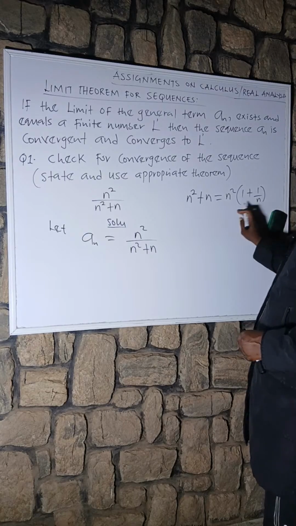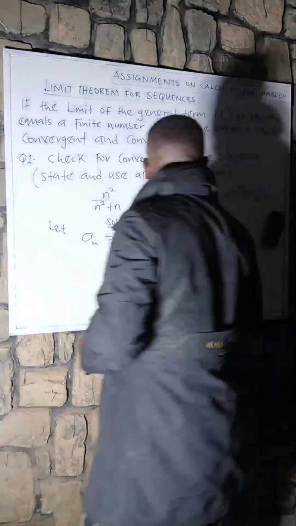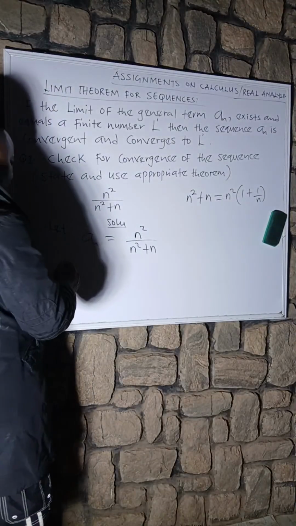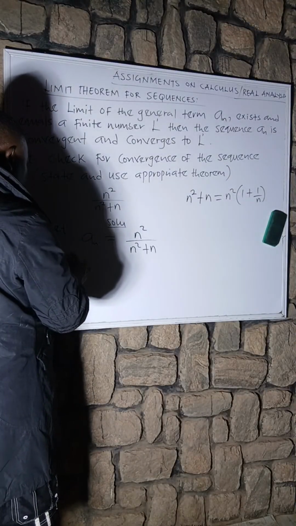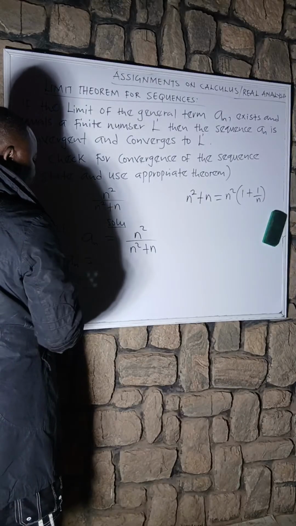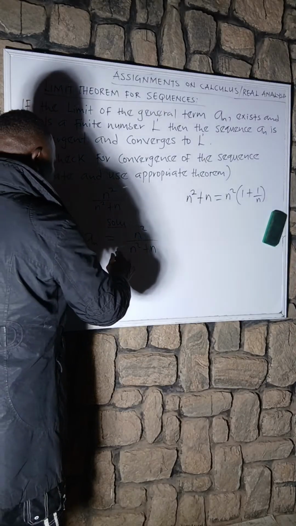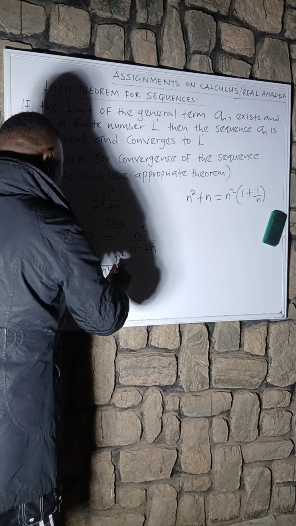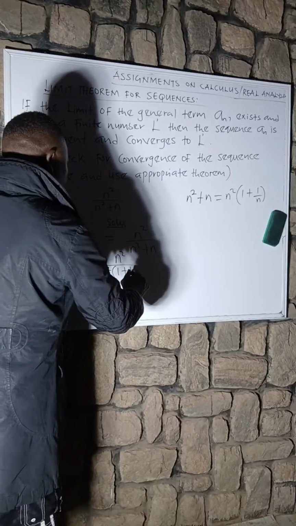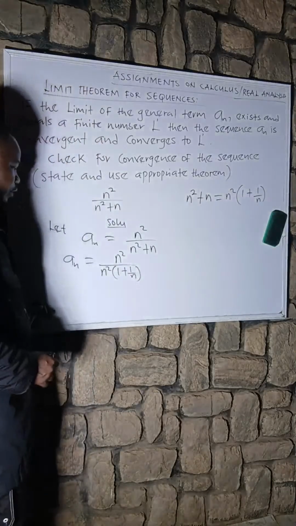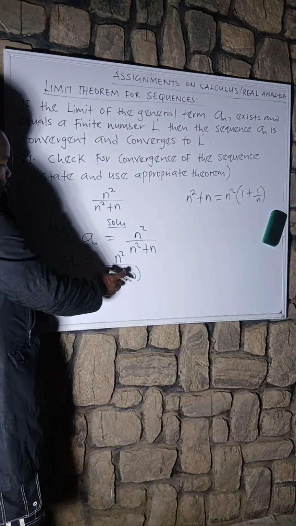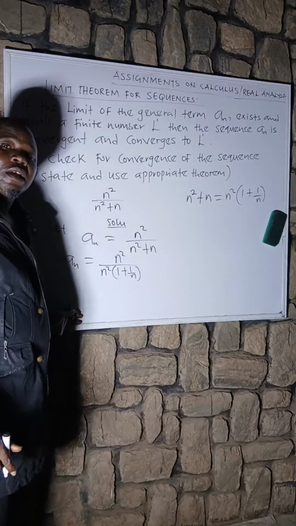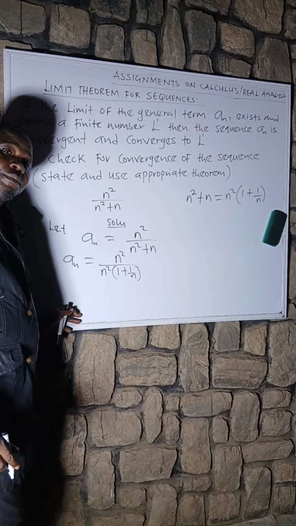True or not? Then a subscript n is equal to n squared all over n squared, open bracket 1 plus 1 all over n. By the time you multiply this, you still get back this. Am I making sense?